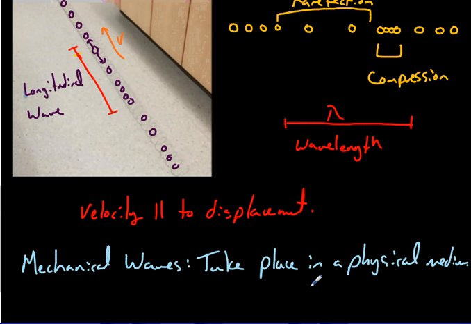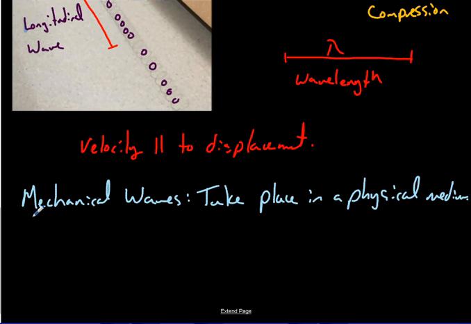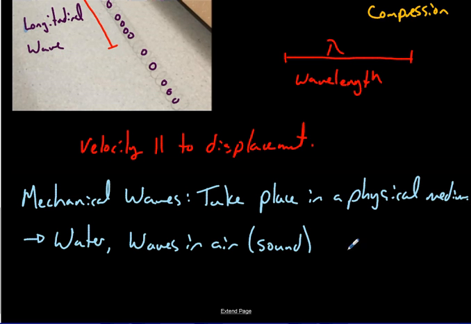Some things that exhibit waves would be waves in water, maybe waves in air, which we often call sound if they're within our range of hearing, even waves in a tabletop, or anything that you smash with your fist that vibrates afterwards.